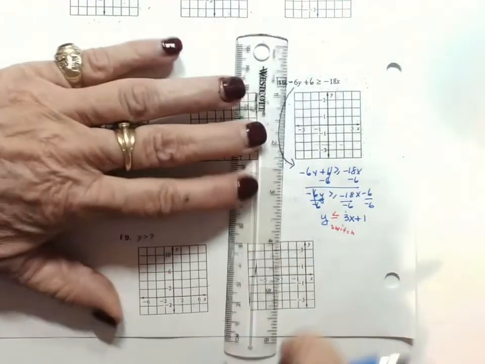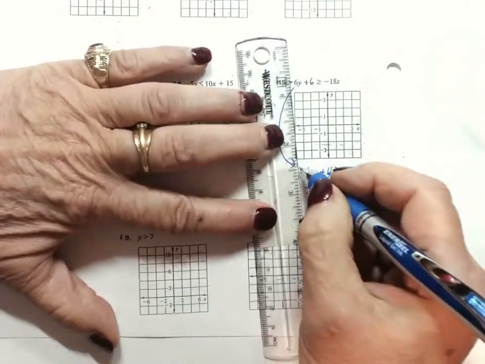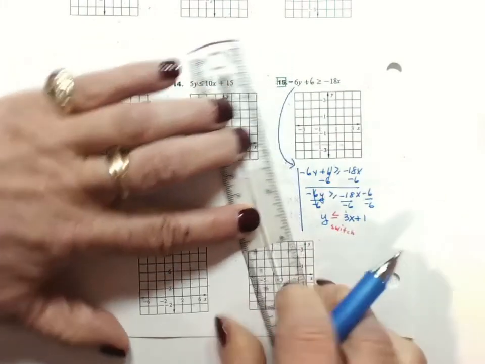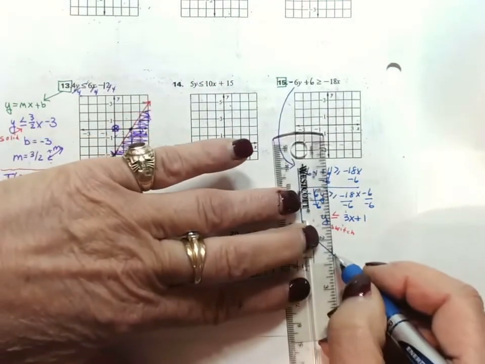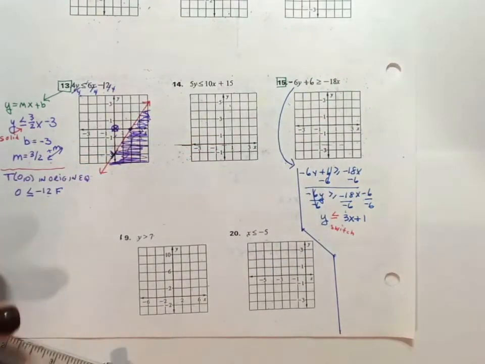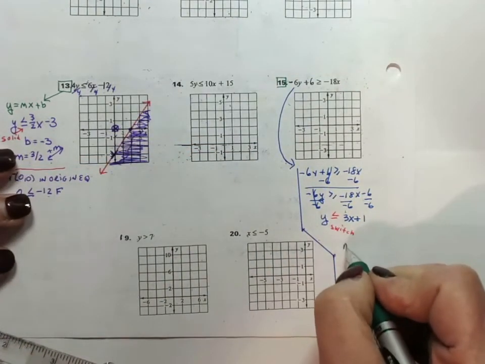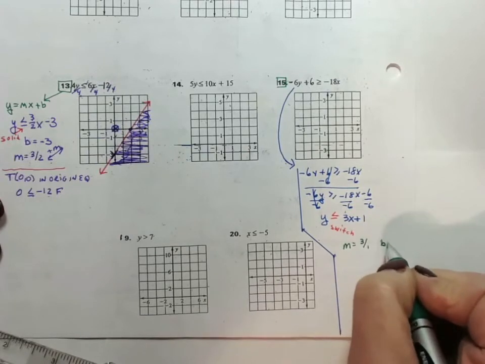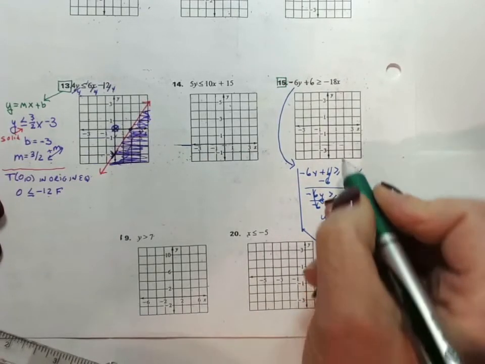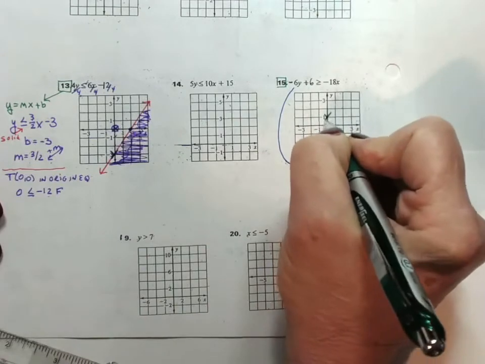Okay, and I think you're going to need extra room for this problem, so I would make sure that I had enough room to work this problem out. My slope is going to be 3 over 1. My y-intercept is going to be 1. So here's my y-intercept.